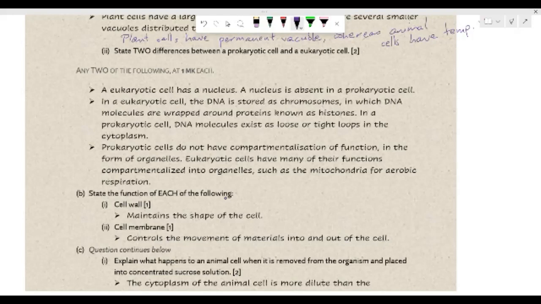And another big difference, as we said, is that they don't have compartmentalization of function. What does that mean? It means that they don't have their various functions in nice, neat compartments. All right, it's not as organized as a eukaryotic cell. So for example, in a eukaryotic cell, respiration would occur within a membrane-bound organelle called a mitochondrion, right?